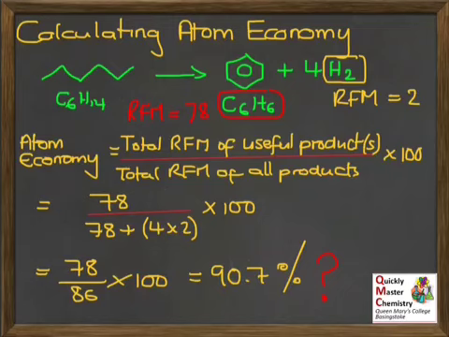So for the bottom of this fraction, whether you say the total formula mass of all the reactants or the total formula mass of all the products, it's going to give you the same number. It makes sense just to use the products because you've already worked out the formula mass of one of the products to do the top of the fraction, and so just stick with the products for the bottom of the fraction in the equation.